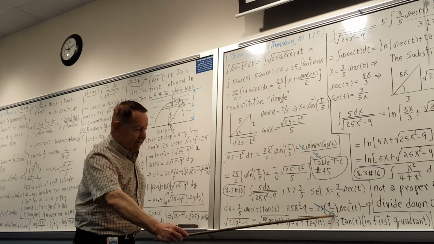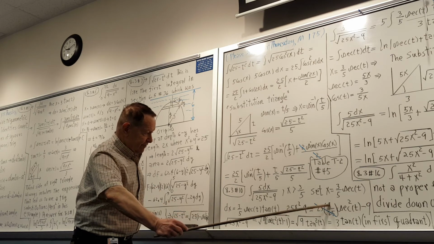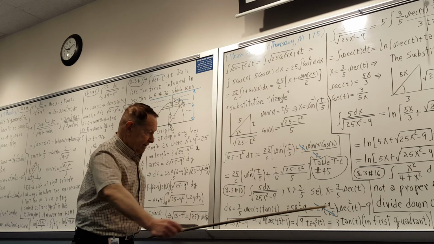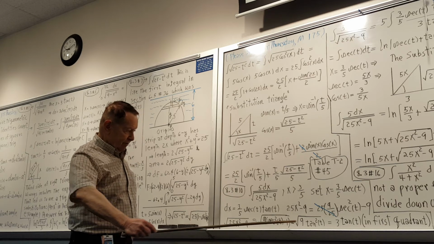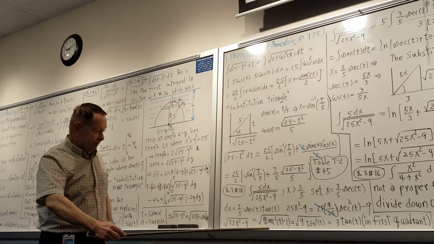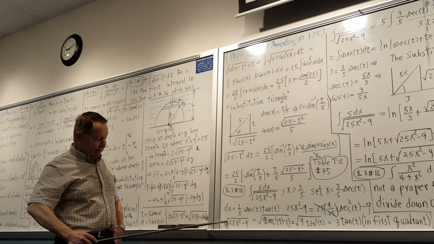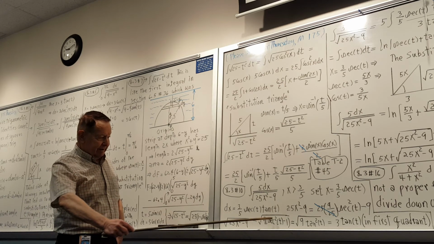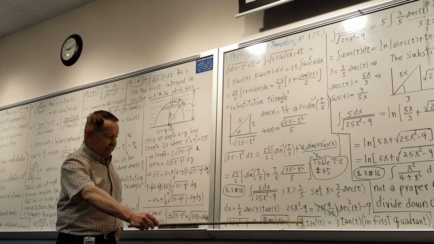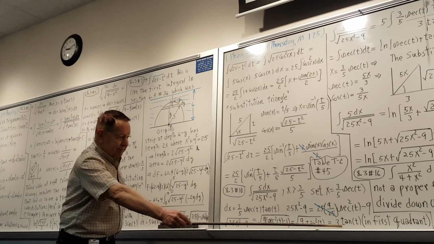You notice the 25's cancel, the 9 factors, and your secant squared minus 1 then will be your tangent squared. So your square root becomes this one, which becomes 3 tangent.